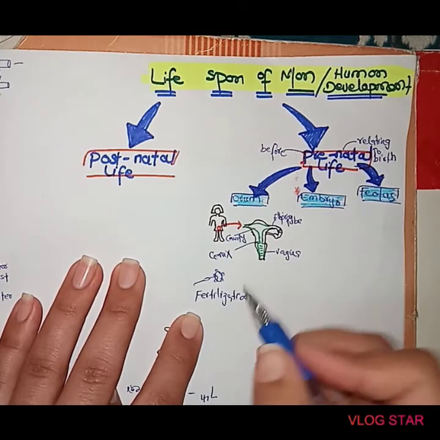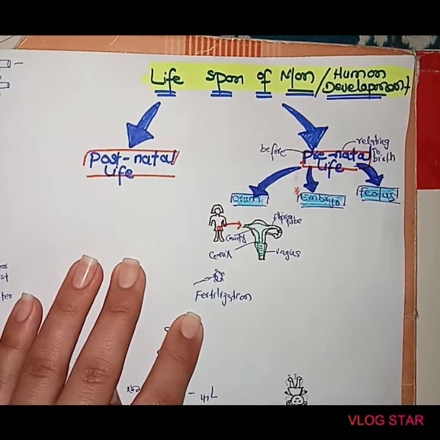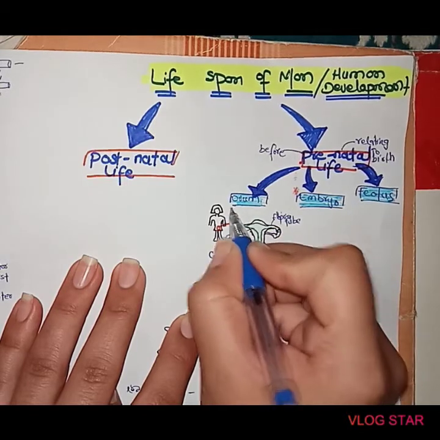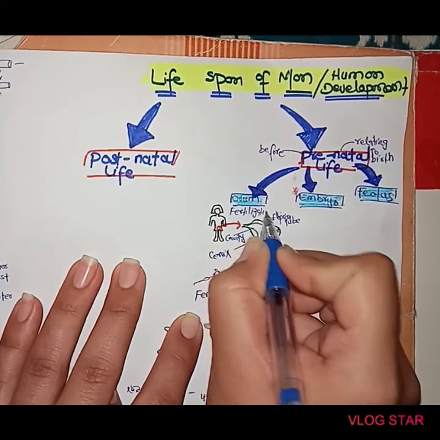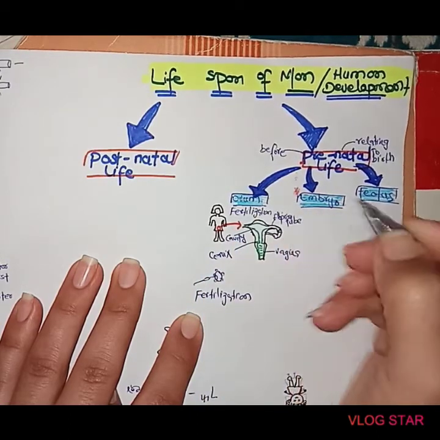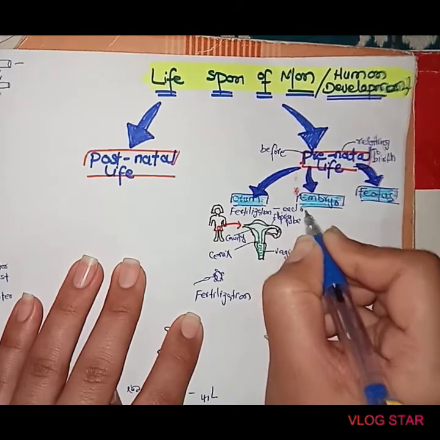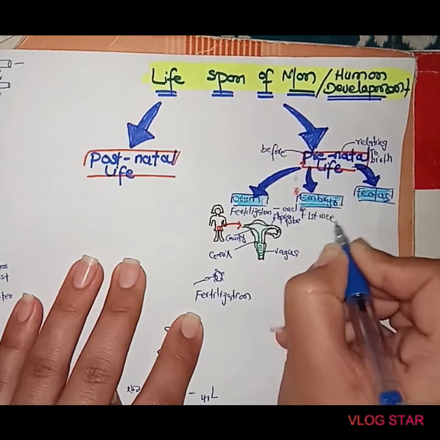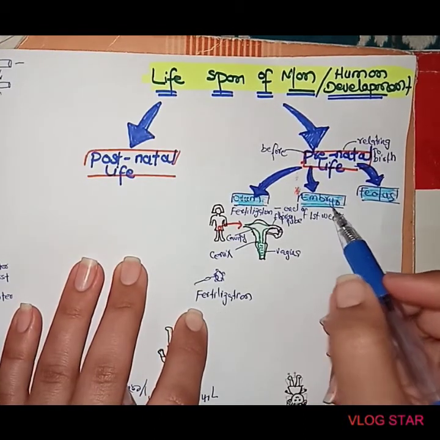So from the first day, when the fertilization occurs, to the seventh day, the ovum is the period that starts from fertilization to the end of the first week. The next period is the embryo.